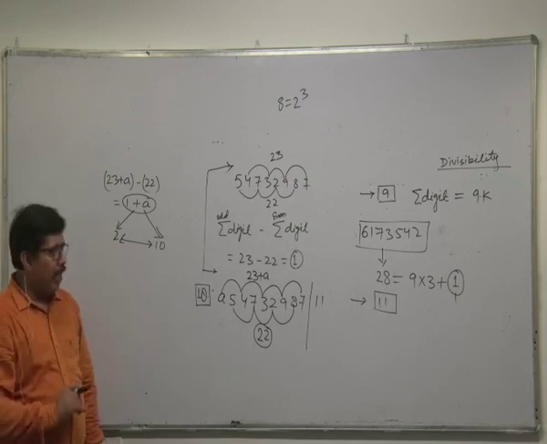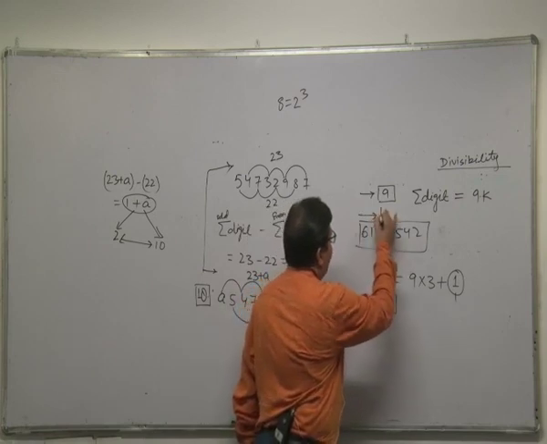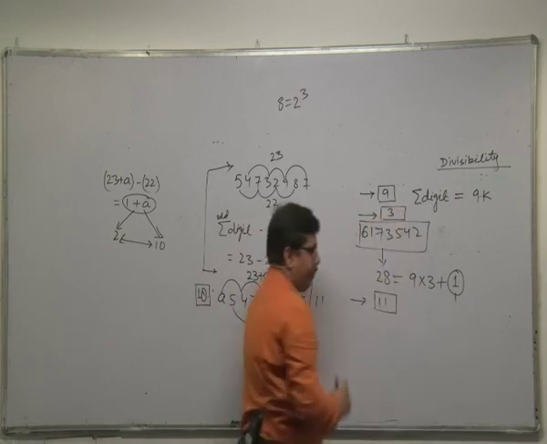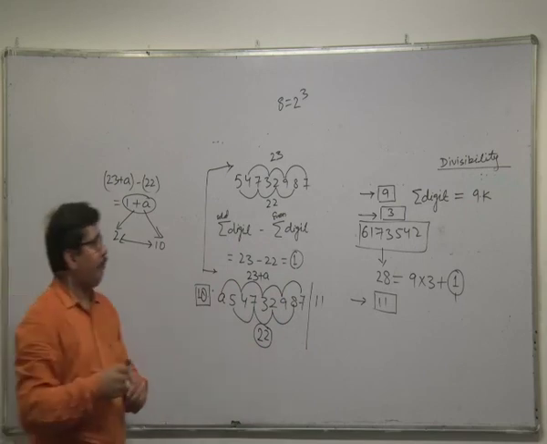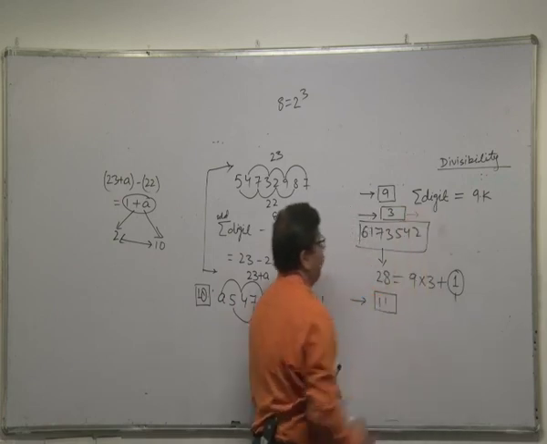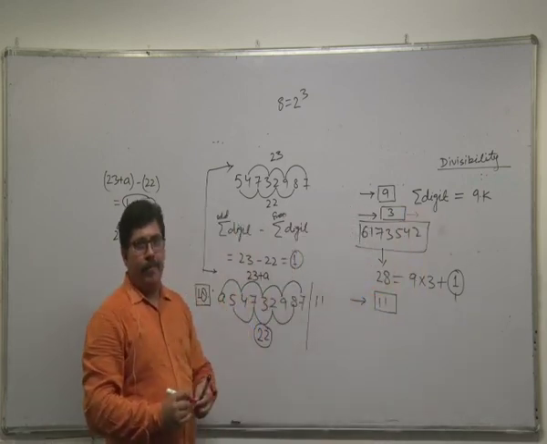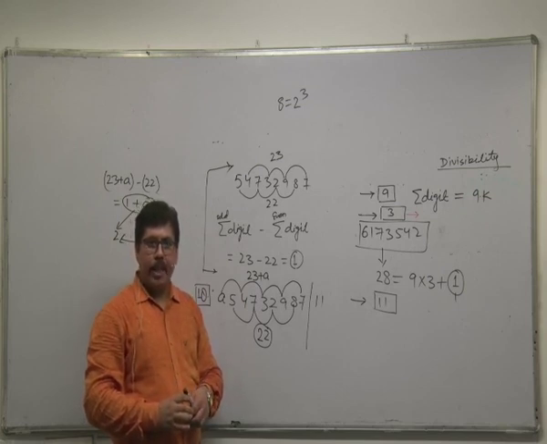I'm adding one more element here, divisibility of the number by 3. I'm writing here. So, any number is a multiple of 3 if the sum of the digits is a multiple of 3.